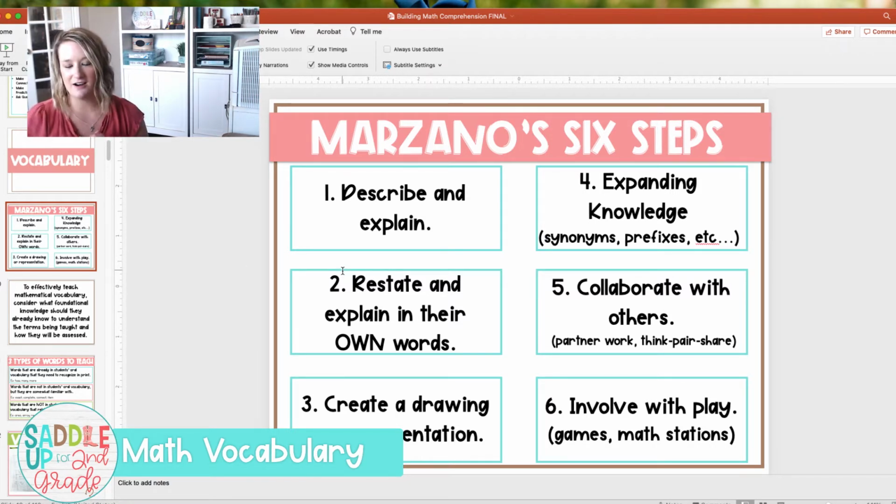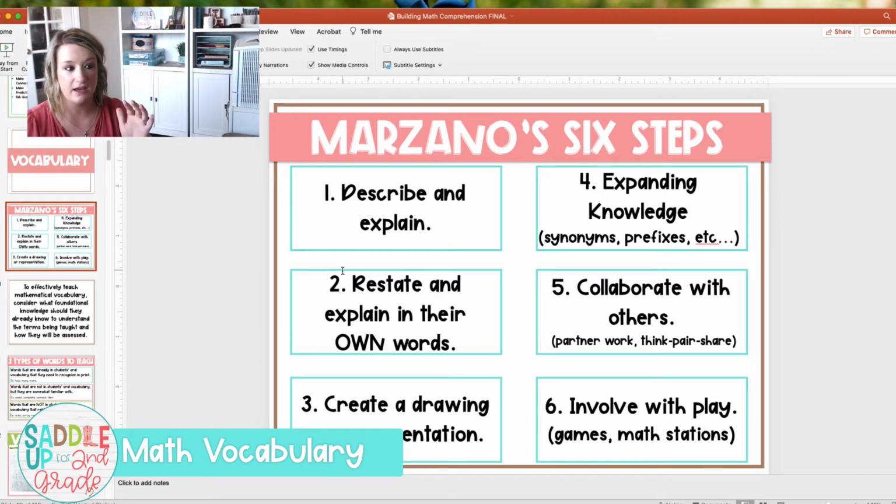These are the 6 research-based steps based on Marzano's vocabulary instruction. Number 1, describe and explain. Number 2, restate and explain using their own words.